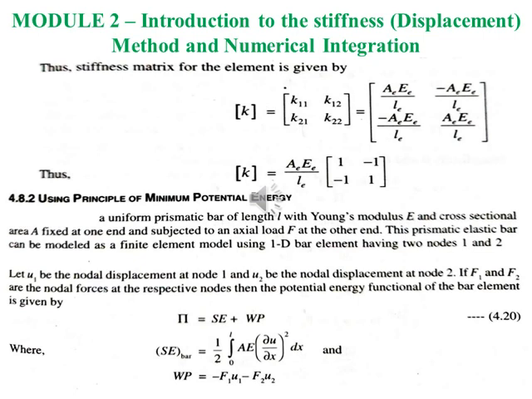If F1 and F2 are nodal forces at the respective nodes, then the potential energy function of the bar element is given by SE plus WP, where SE of the bar element is equal to half into integral from 0 to L of AE (du by dx) whole square into dx, and WP is equal to minus F1 u1 minus F2 u2. So thus, substituting this in the upper equation 4.2, we shall see what we will get in the next slide.